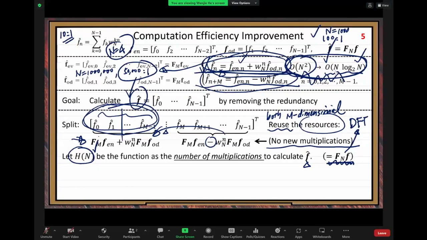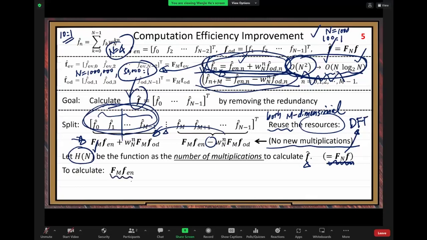All right. Next, to calculate, remember, we split into two halves. So we need to use that two-half structure to try to represent this H function. To calculate the two halves, we need to calculate this matrix vector product.